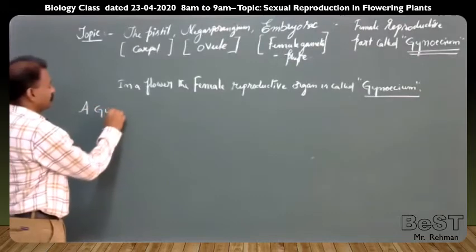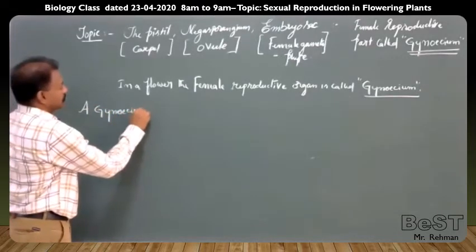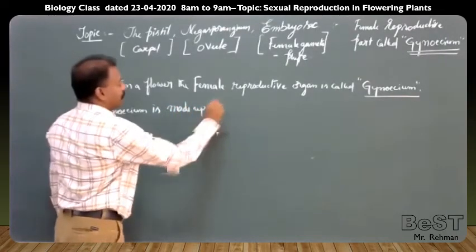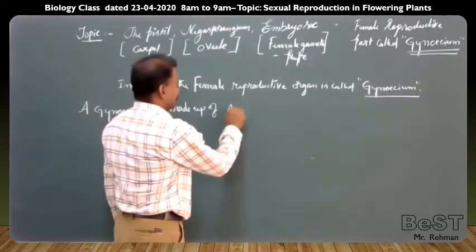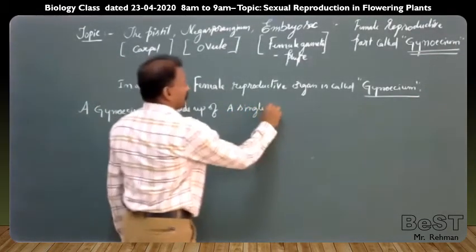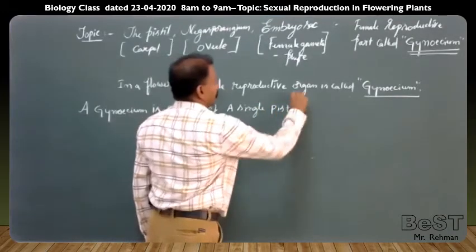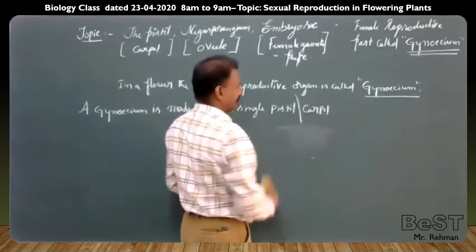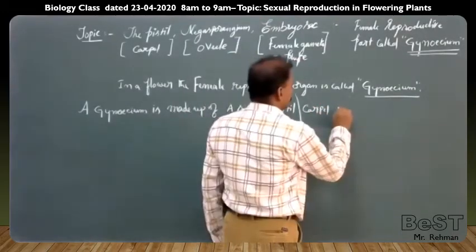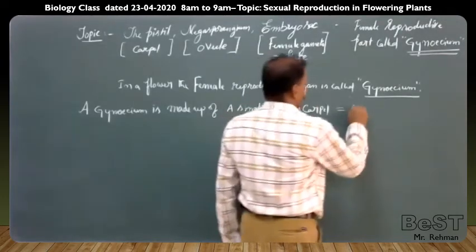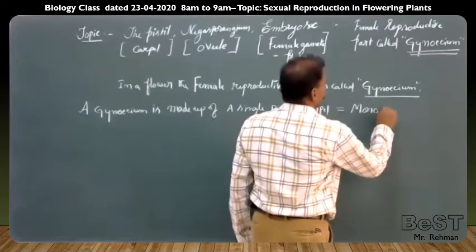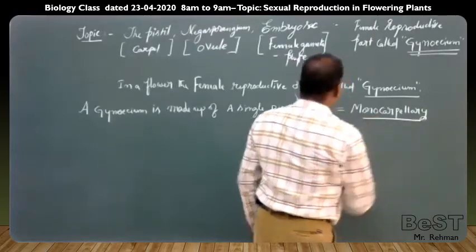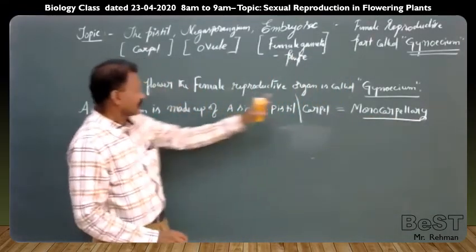A gynoecium is made up of a single pistil or carpel, which is called monocarpellary gynoecium.